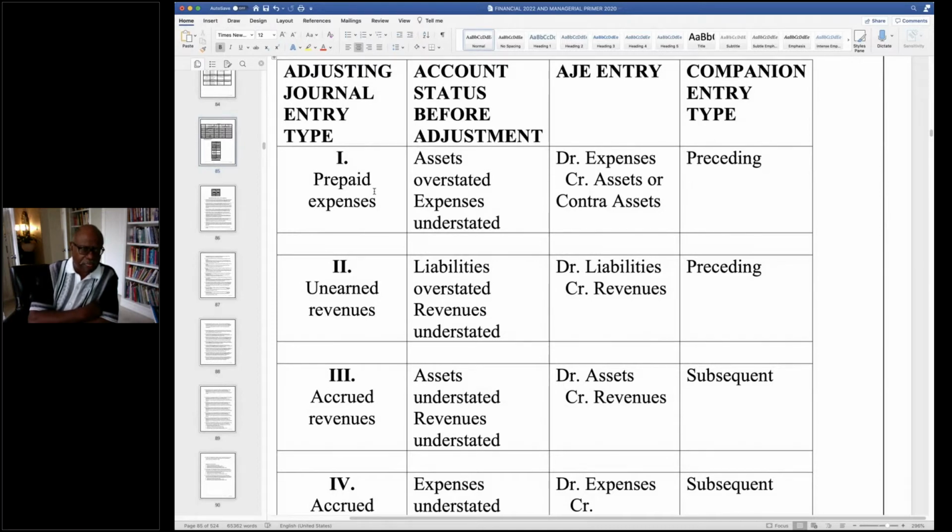So you don't buy something and say it's going to last forever. If you're running that business, it's going to eventually expire, wear out, whatever, and it's going to be expensed. It will no longer stay an asset. So it is a prepaid expense. You just pay the expense in advance.